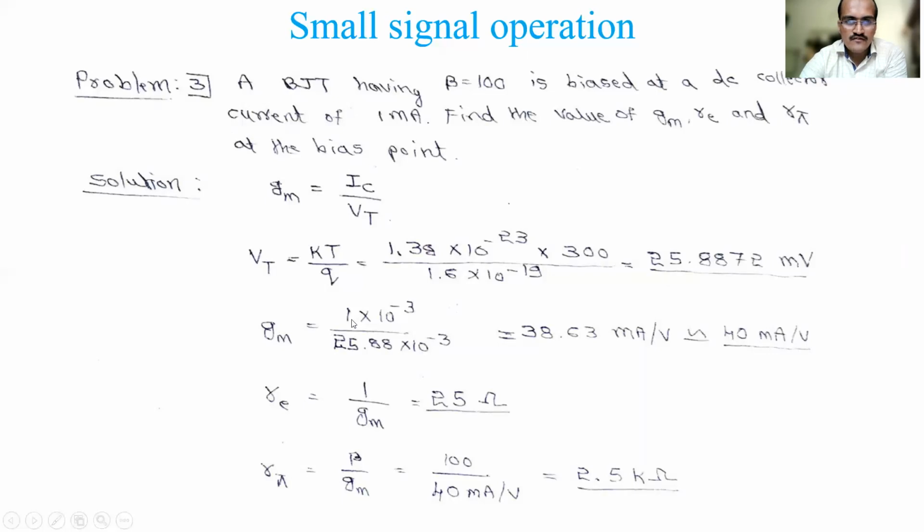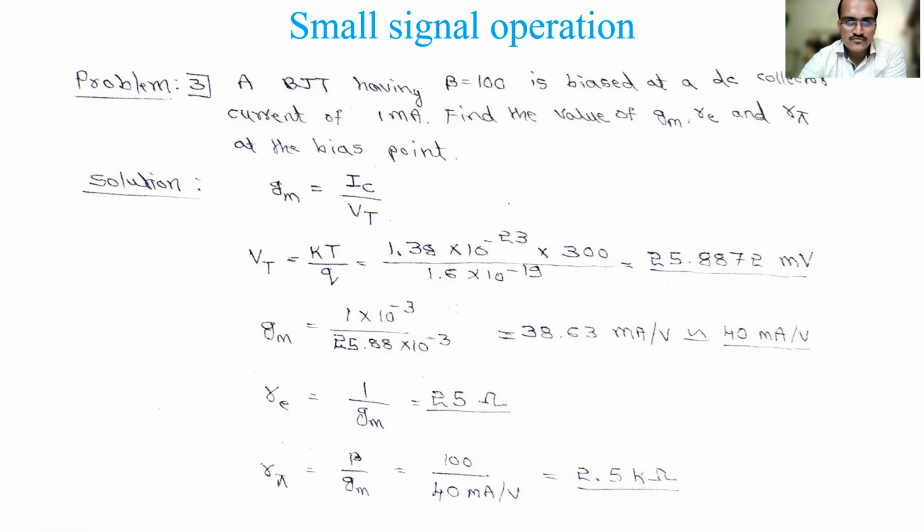For a 1 milliamp collector current, VT is given as K into T by Q. K means Boltzmann's constant. It's available in your calculator as constant 25, which gives the K value, 1.38 into 10 to the power minus 23, into T. T is in Kelvin. Room temperature is normally considered as 27 degrees centigrade.